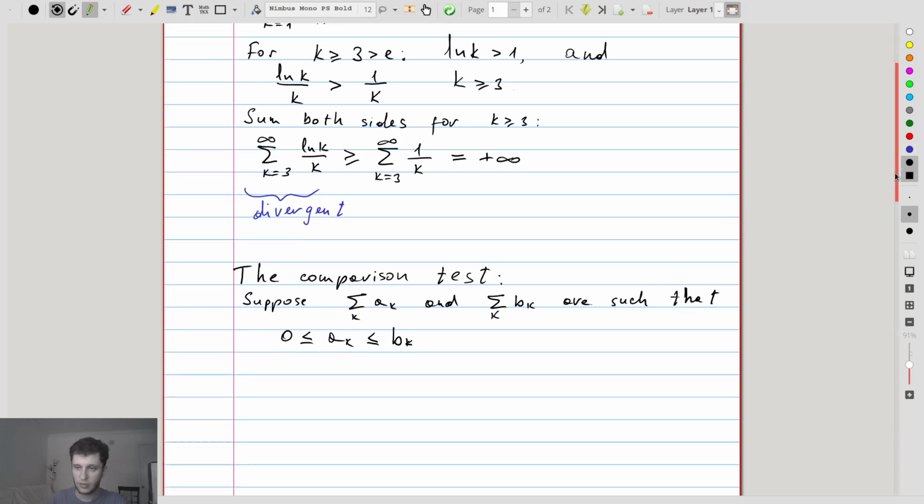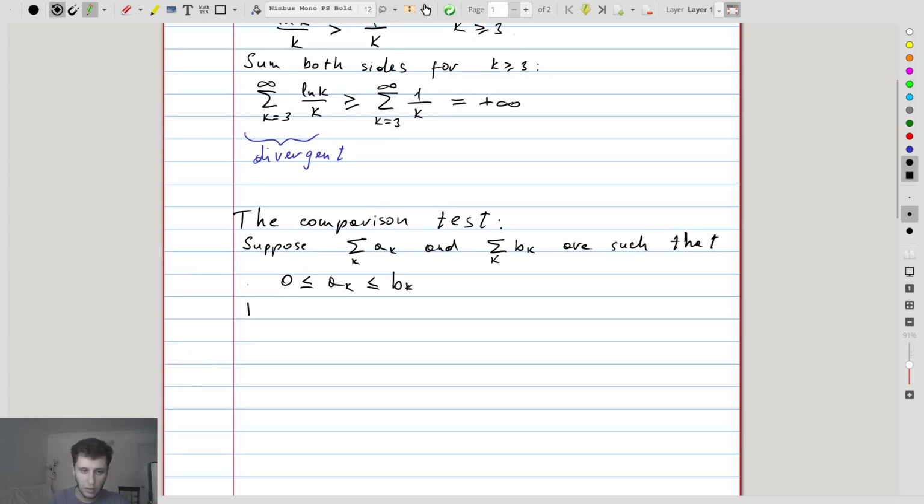Under these assumptions, if the series with the bigger terms, so if the sum of b_k, k from 1 to infinity, converges, then so does the series with the smaller terms.